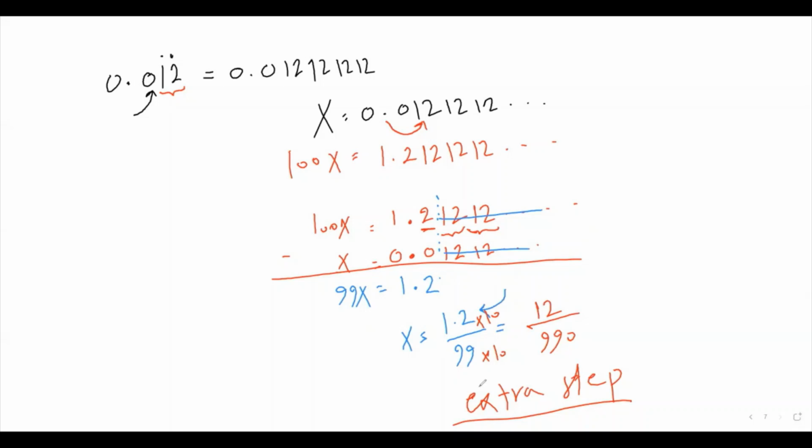So I'm just going to do one more, and then we can stop. How about 0 point? So let me open a new slide. 0.0009, and the repetition is on 9. Actually, 9 is the repeating term.